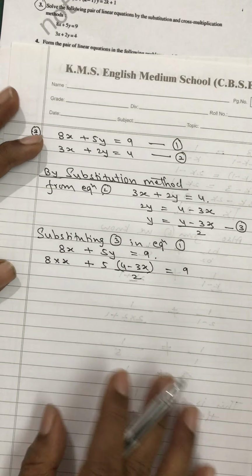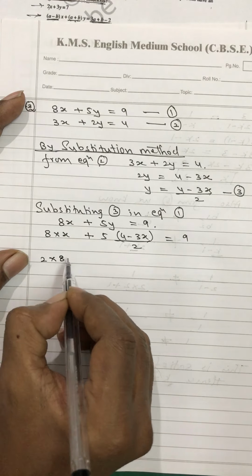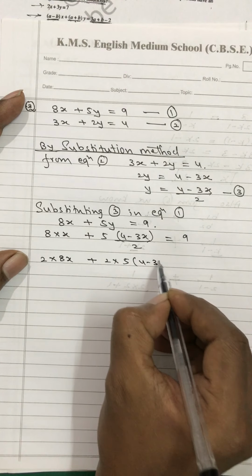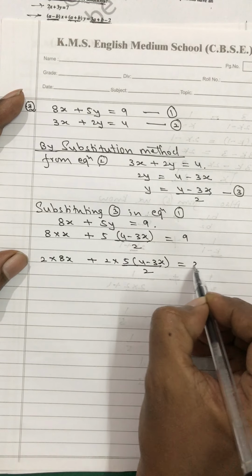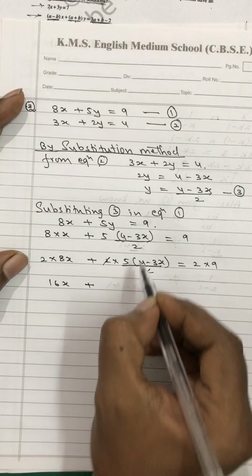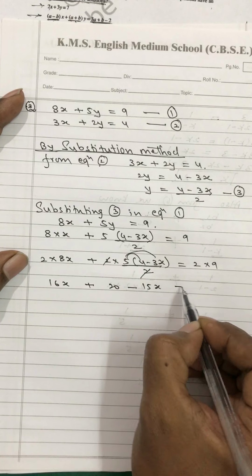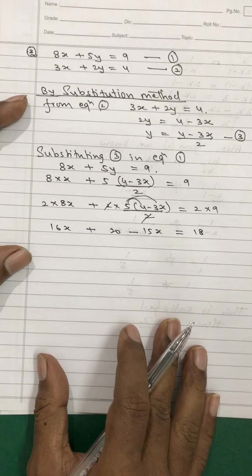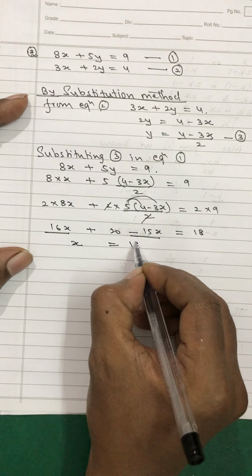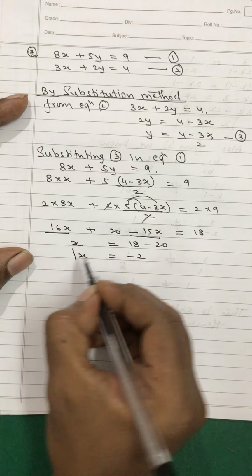As you know, I would like to get rid of the denominator, so I will multiply throughout by 2. 2 into 8x plus 2 into 5 into 4 minus 3x upon 2 is equal to 2 into 9. So this will give 16x plus, now I will open this, 5 4s are 20 minus 5 3s are 15x is equal to 18. So 16x minus 15x will give me x is equal to 18 minus 20, x is equal to minus 2. This is the value of x.